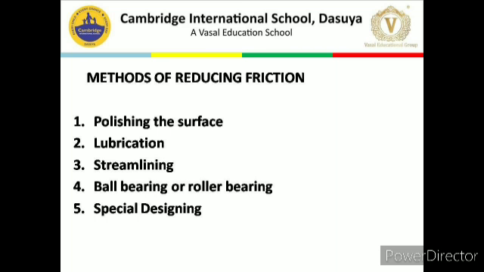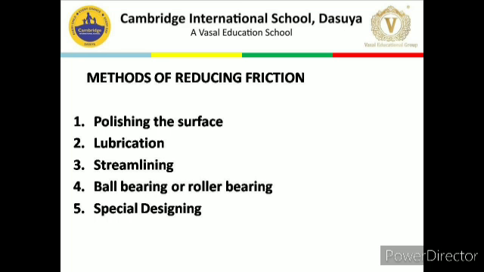Third point is streamlining. Streamlining applies to the friction generated by wind and liquids. By adopting a more streamlined shape, the flow of air or liquid will be smoother and easier against the surface of a particular object.